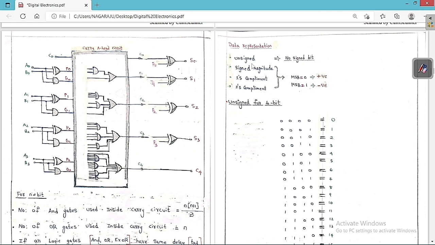All these things we are going to learn in this data representation. The first is unsigned, next is signed magnitude, then ones complement representation, and finally twos complement representation.